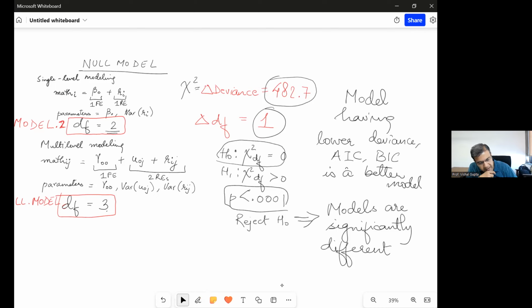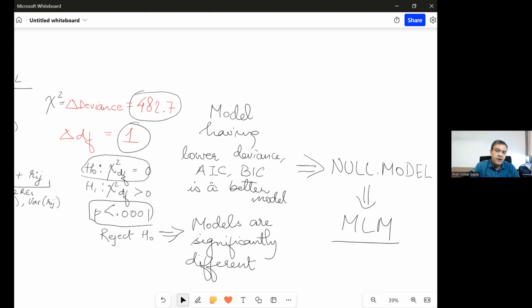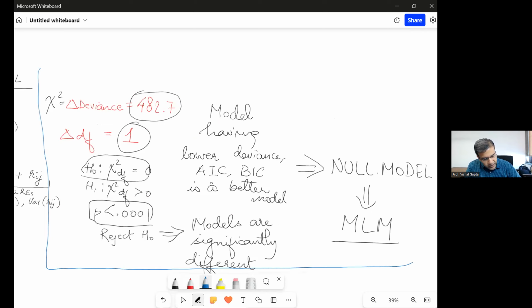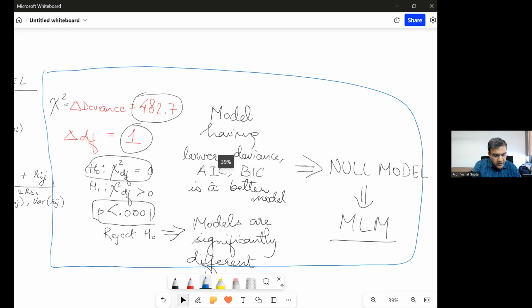And which is that? Our null.model. And which is this null model? This is our multi-level model. And so what do we conclude from this complete analysis? That doing multi-level modeling is better than doing single level modeling. And that is something that we are looking at.